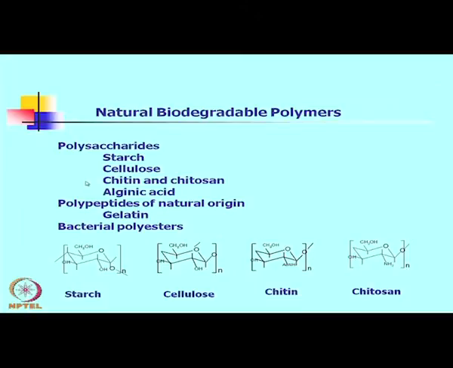Now, let us look into the examples of biodegradable polymers. Say, in the category of polysaccharides, we find polymers like starch, cellulose, chitin and chitosan, alginic acid, as well as the chemical derivatives of these polymers or chemically modified polymers from these raw materials.